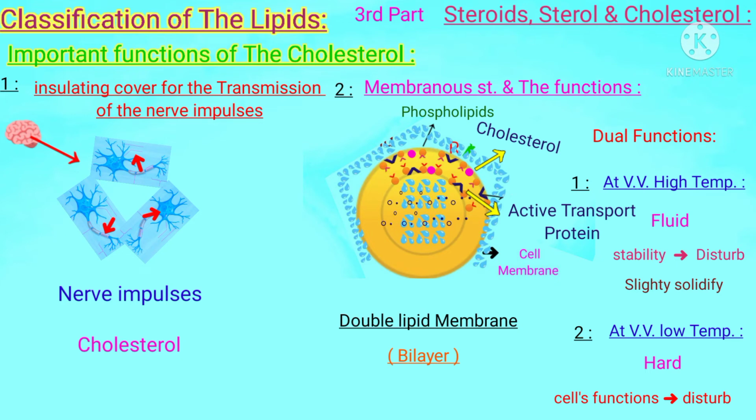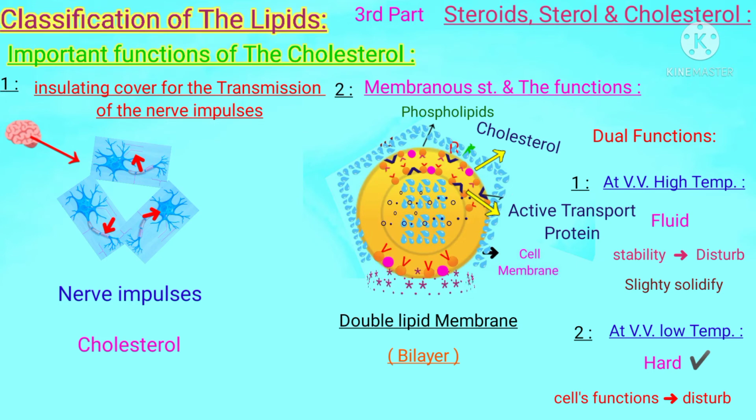So to prevent the solidness of the cell membrane, the cholesterol molecules are just in between the phospholipids, and they will not let the phospholipids adjust tightly with one another, because if the phospholipids become arranged with one another, it will make the whole membrane solid and hard, but cholesterol will disturb them.